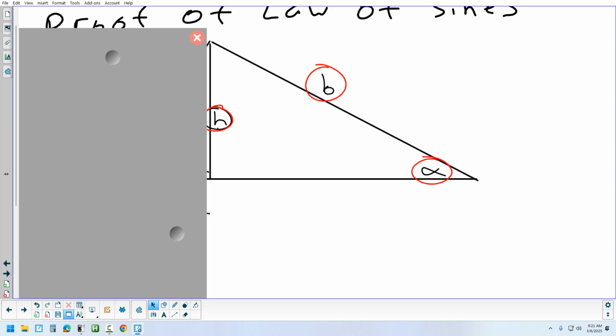And what position is side B? Hypotenuse. So I need a trig function that involves opposite and hypotenuse, which would be, yep, sine again. Can somebody fill in the rest of that equation for me? Sine of what equals what? Yeah, sine of alpha equals h over b.